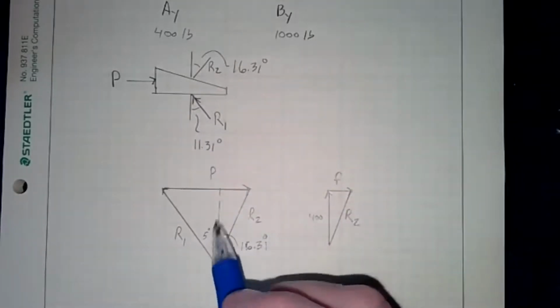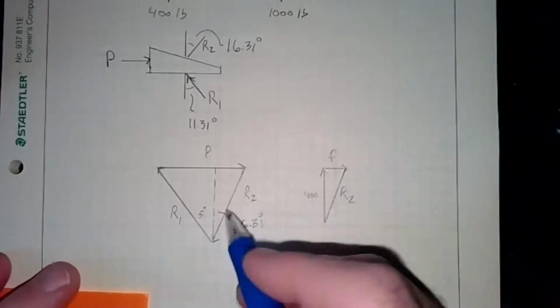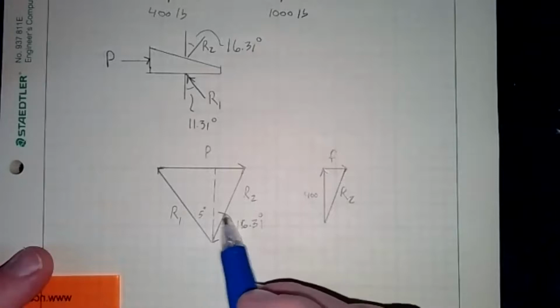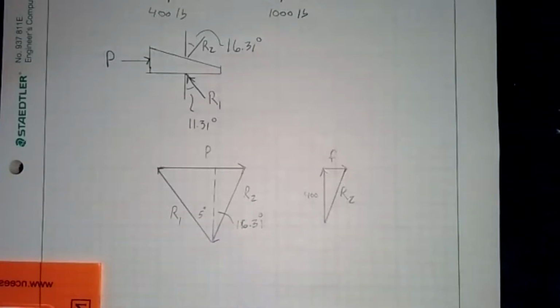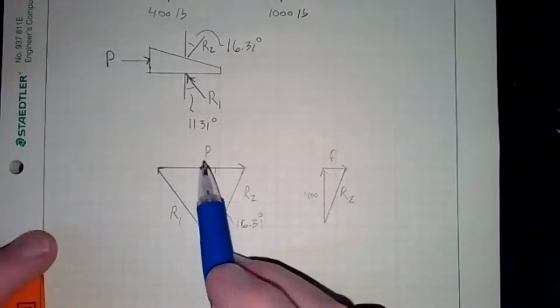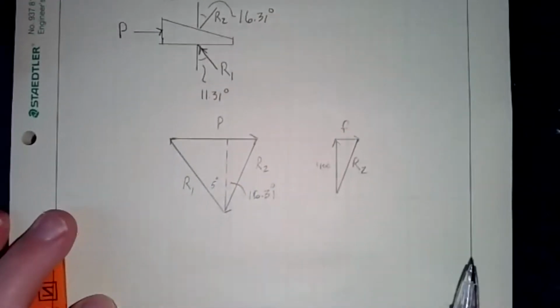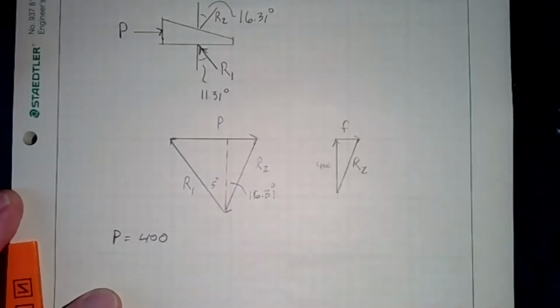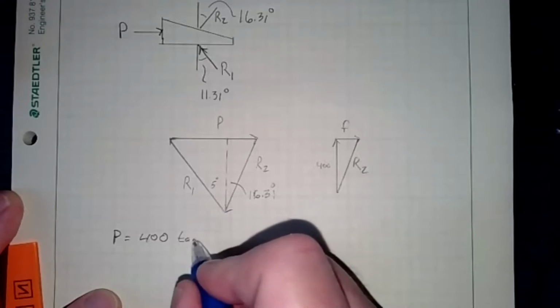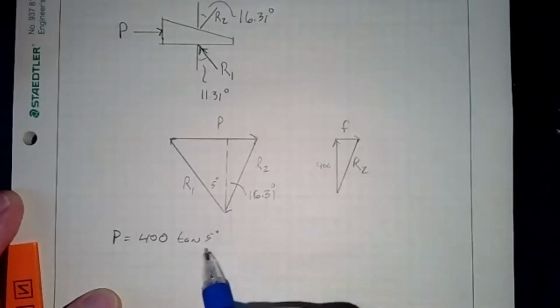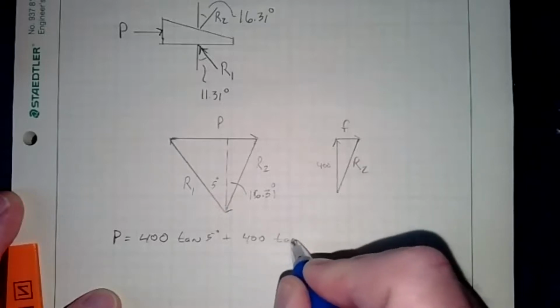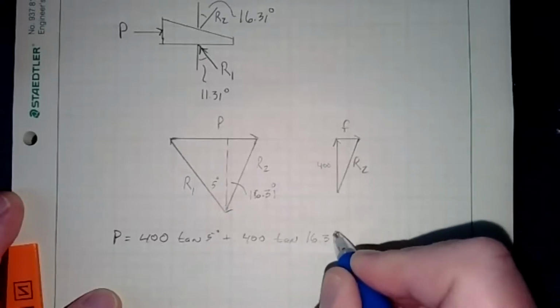All right. So it should actually look the opposite. This should be the 16.3 bigger, but you get the picture. Ignoring the physical discrepancy in my triangle, each of these pieces consists of P. So what we end up with is P equals 400 tangent 5 degrees, because that's going to give you that opposite component, plus 400 tangent of 16.3 degrees.